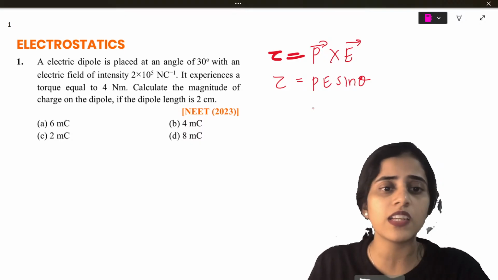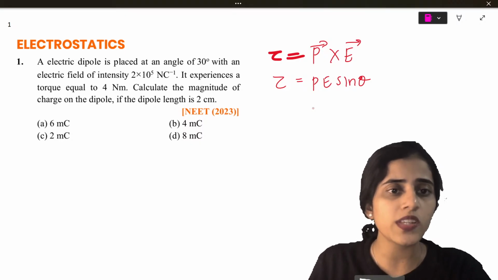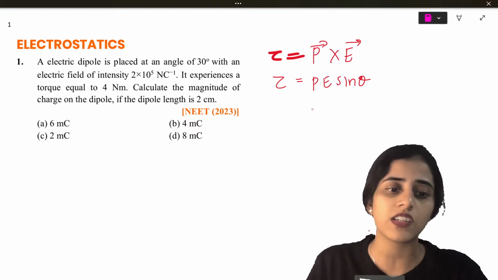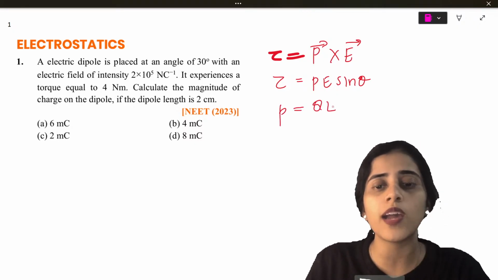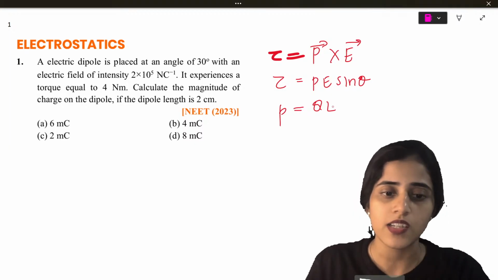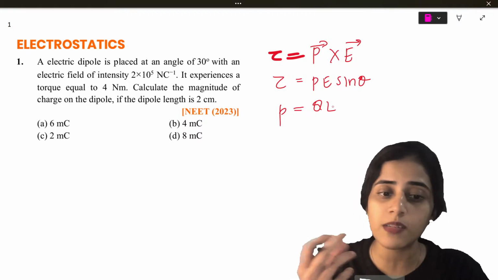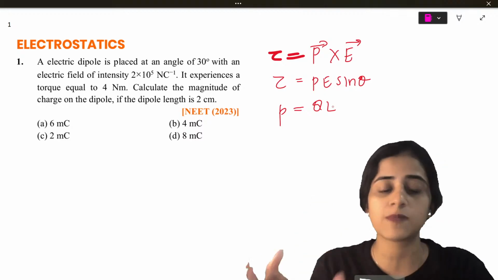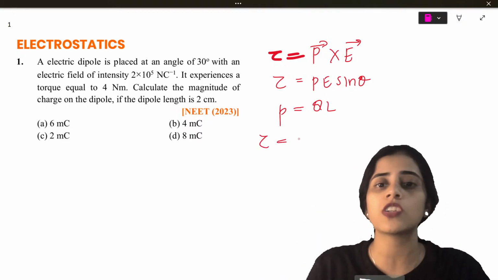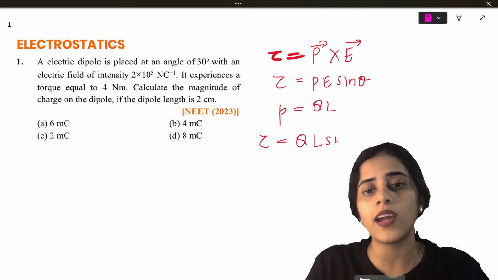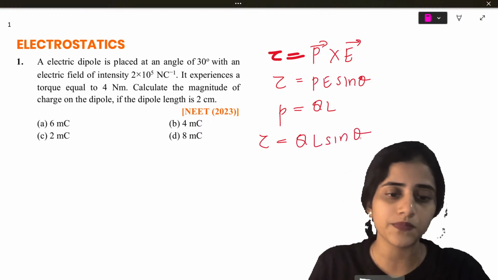The only thing given is electric field. So I will write P as QL, where Q is the magnitude of charge and L is the displacement vector between these two charges. So this becomes QL E sine theta.